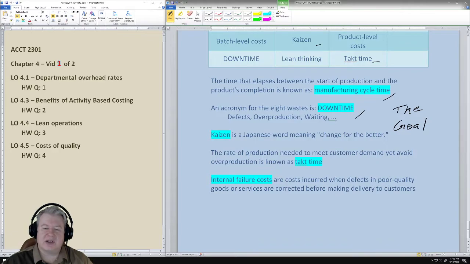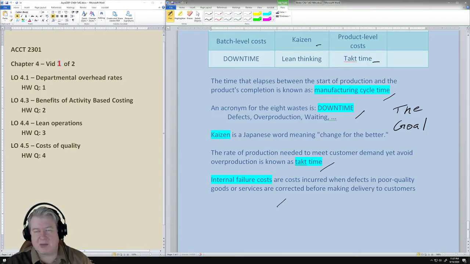And here's another example of a Japanese phrase, takt time. It just means the timing from the beginning of the process to the end of the process. Internal failure costs: well, there's internal and external, but if you have to have some, you want the internal ones. You find low quality goods within your process before you deliver them to the customer.